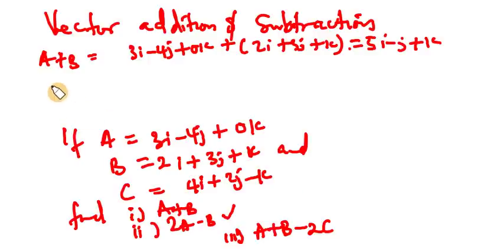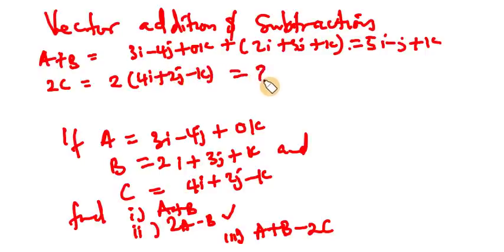So let us find 2c. 2c will be 2 brackets 4i plus 2j minus k, so that we have 8i plus 4j minus 2k. So if we now take away 2c from this, what do we have?